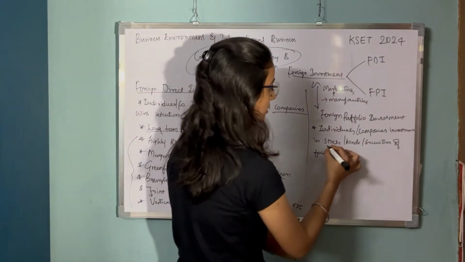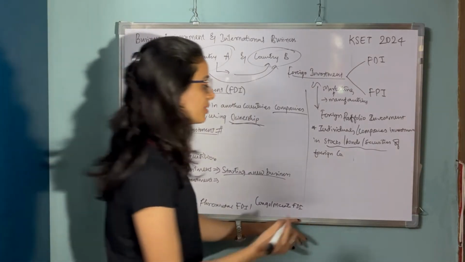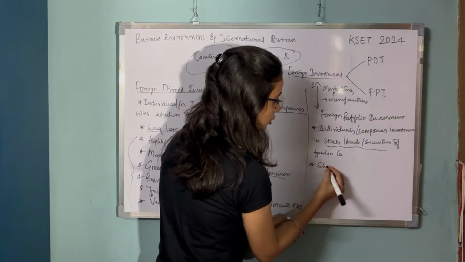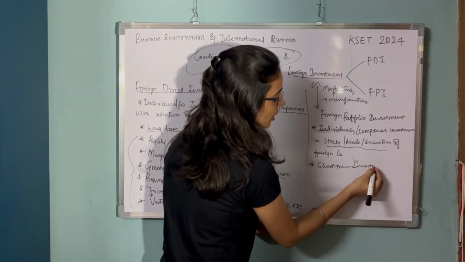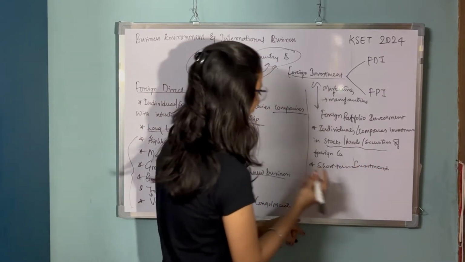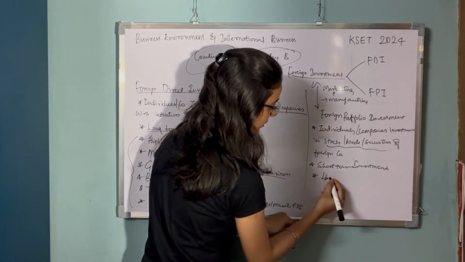Okay, here the investment is in stocks, bonds and securities. There's no acquiring of ownership, and it's a short-term investment which is not very risky as FDI, like less risky, right?